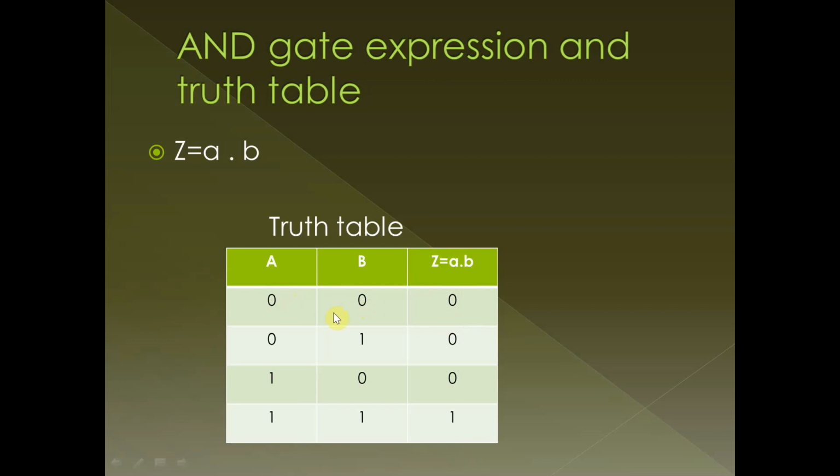That is A multiplied by B gives 0. 0 multiplied by 0 is 0. The same way, supply 0 to A, 1 to B, we get an output 0. Supply 1 to A, 0 to B, we get an output 0. Now, if we supply 1 and 1 for both inputs A and B, we get an output 1.